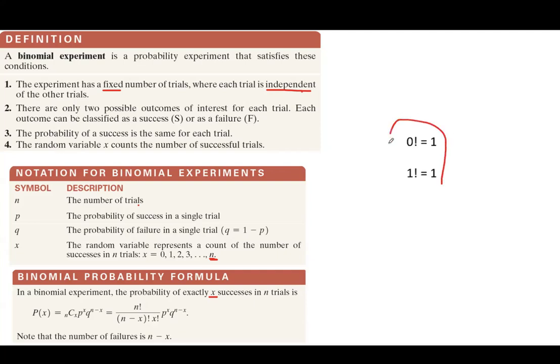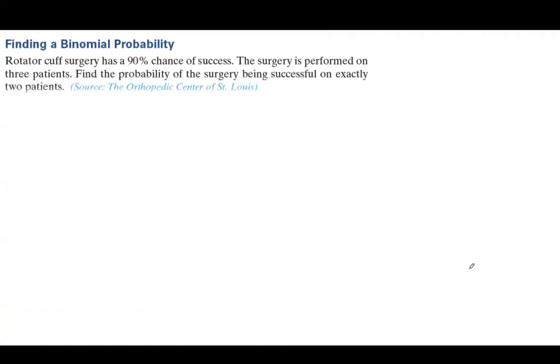So these two numbers are the same. 2 factorial is 2 times 1, which is 2. 3 factorial is 3 times 2 times 1, which is 6. 4 factorial is 4 times 3 times 2 times 1, which is 24. Very good. So with this information, let us do a little bit of computations.